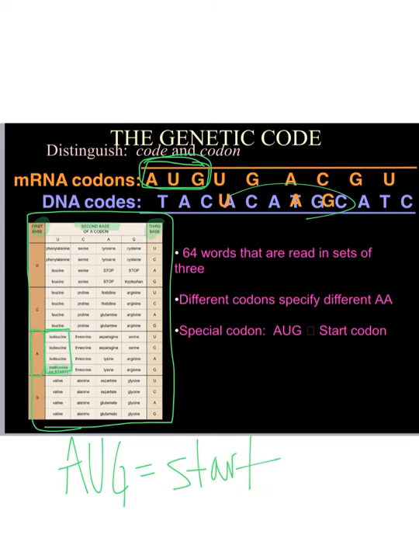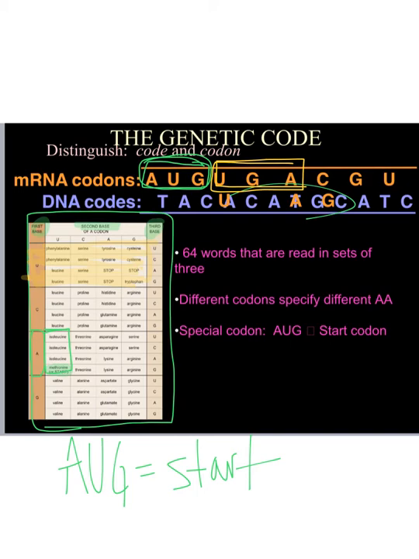Now if we look at our next word in our language, we have UGA. UGA is our next word. And so if we look at where those come together, we come over here for U. So we know we're somewhere in this block here.